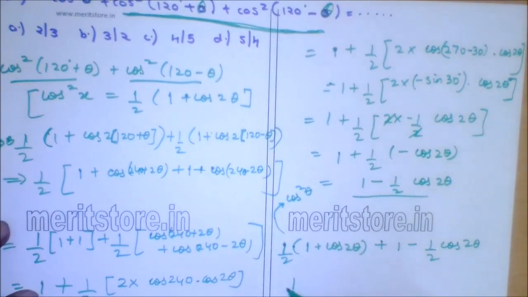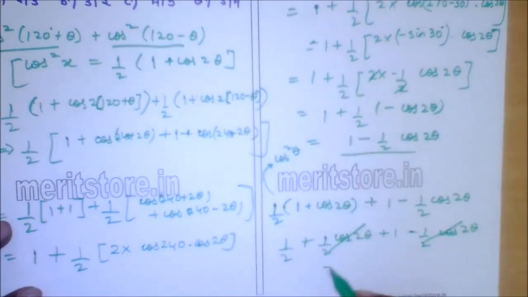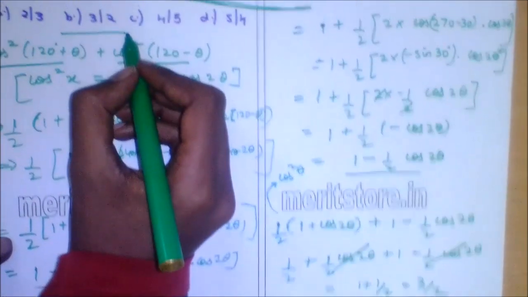Now we expand this, we get half plus half cos 2 theta plus 1 minus half cos 2 theta. So this term gets cancelled. So we are left with 1 plus half, which is 3 by 2, and this is option B.